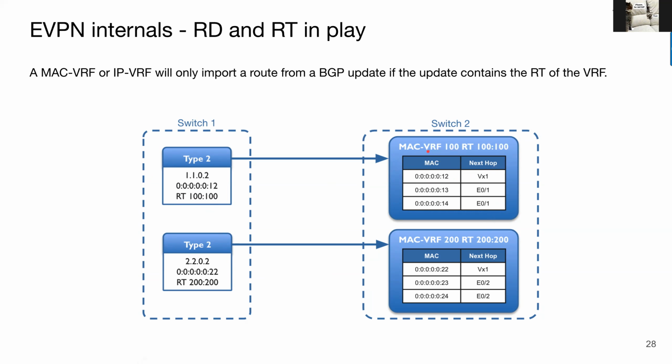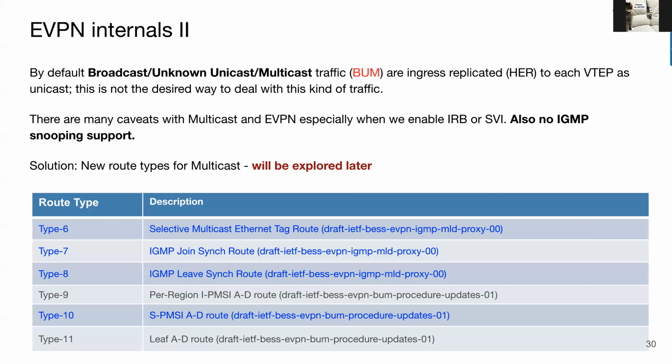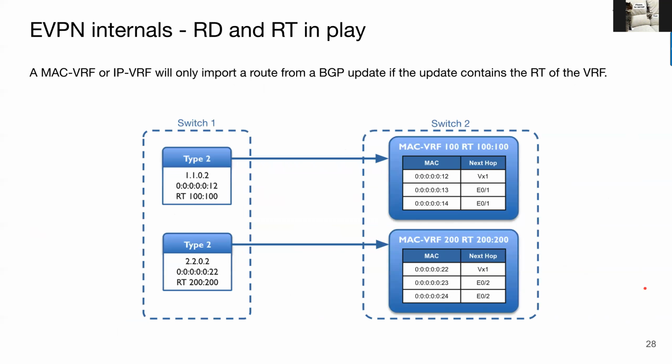And thankfully, because things are configured correctly, we will receive this message and we will import the data it contains into our layer 2 bridge tables, as you can see here. However, oops, we don't have the however. But if the route target is incorrect, or if we wanted to do route leaking, then we can play with route targets to make that happen.